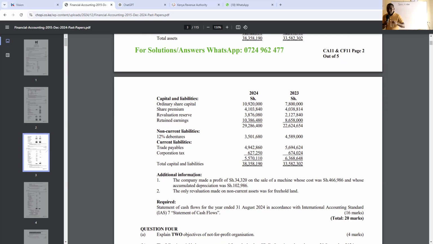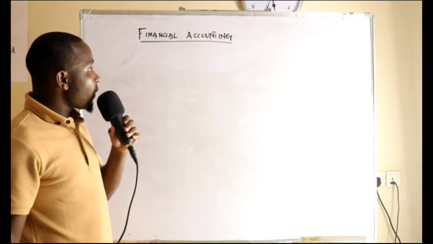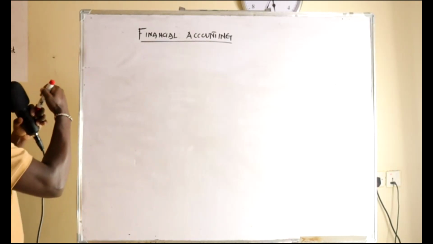So what do you need to give this examiner? It is very important. The key thing when it comes to the cash flow statement is to have the format of how to prepare it.